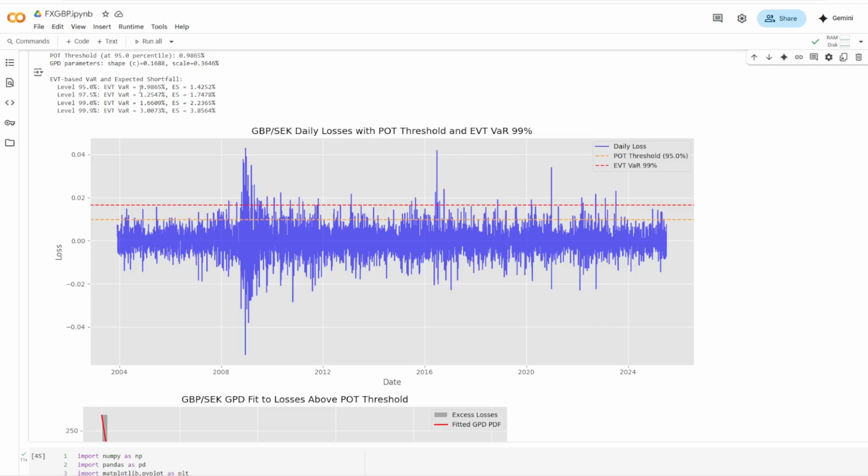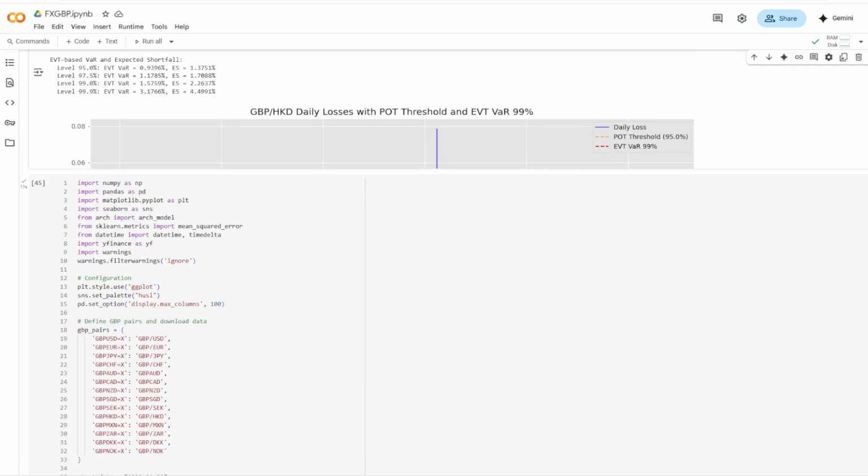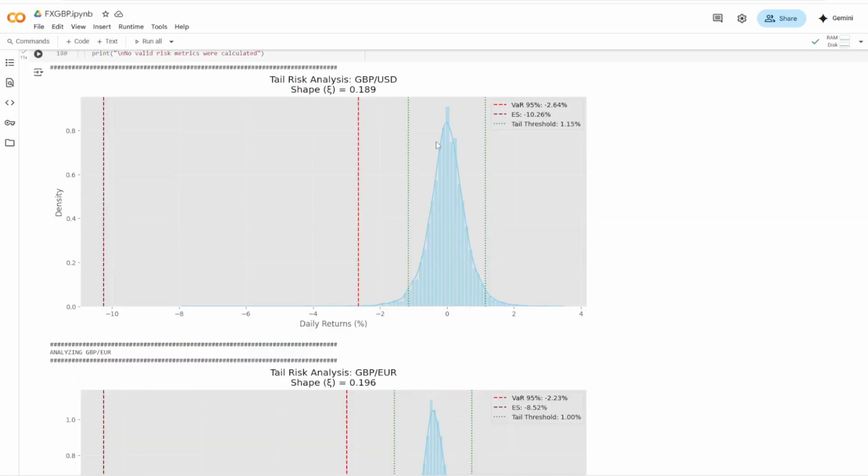We know what is the daily return in terms of very large value at risk moves and the expected shortfall moves, like here 0.98 or 3%, and expected shortfall 3.8%.